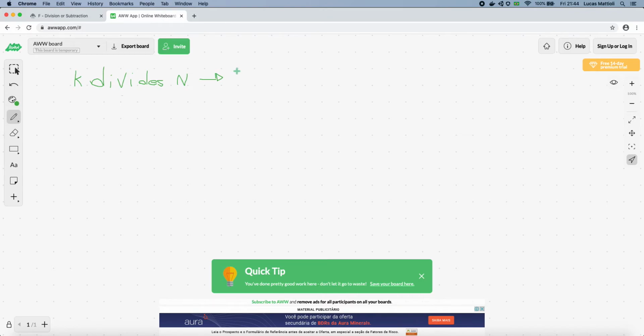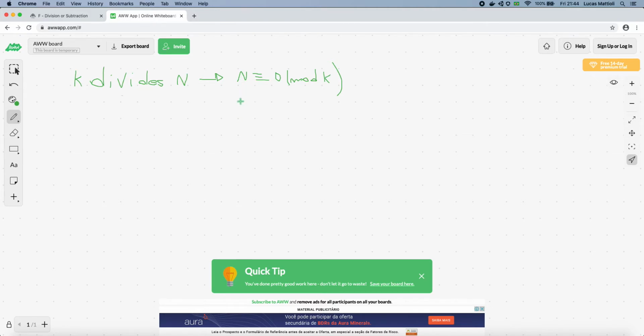And if we think about that in more practical terms, then we see that this is the same as saying that n is congruent to 0 mod k. This is the same as saying that n is a multiple of k and k is a divisor of n.